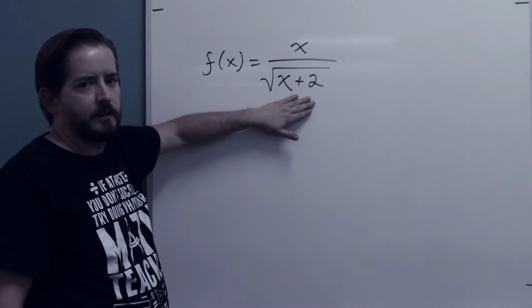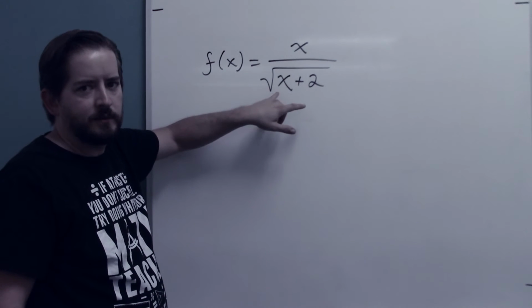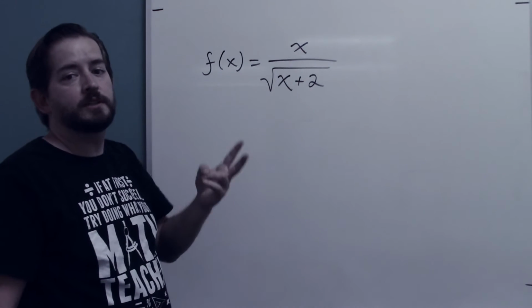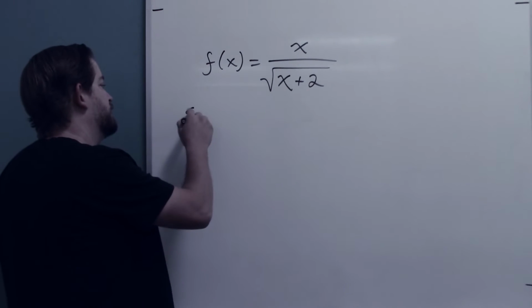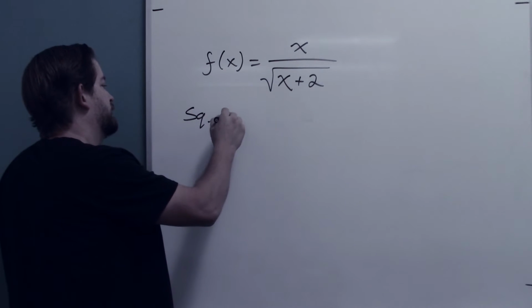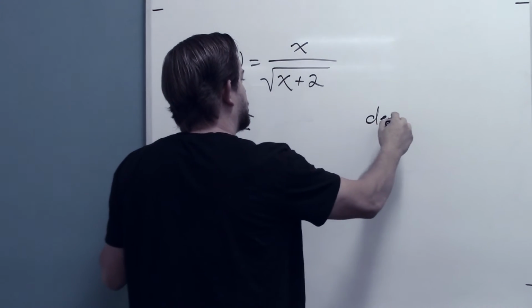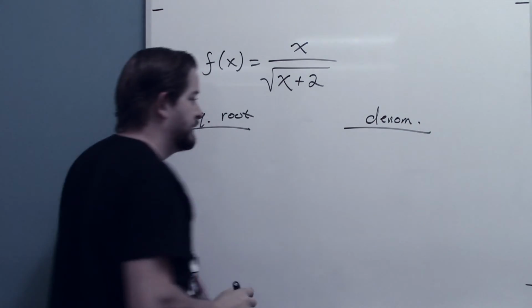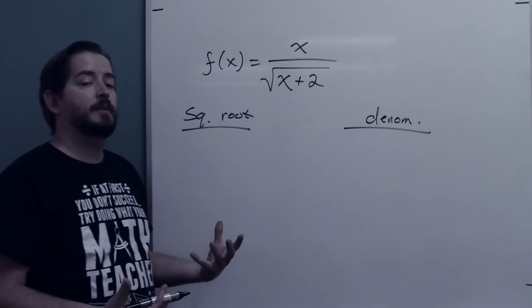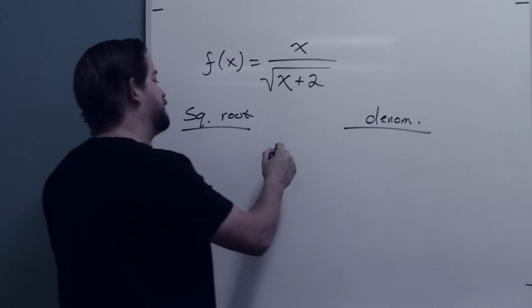It's the denominator that can't be 0, but I also have a square root. So I have two issues: the square root, and also the denominator.